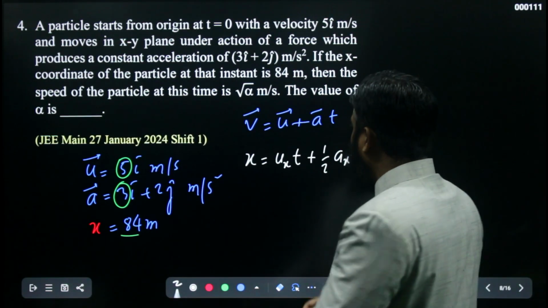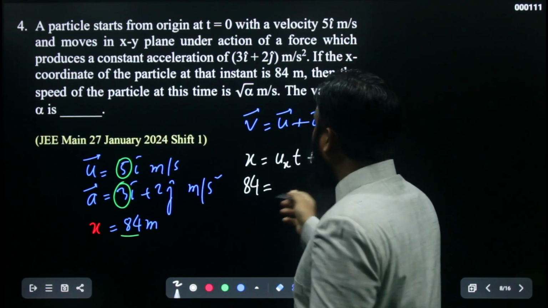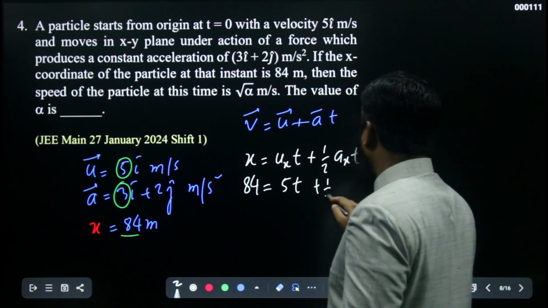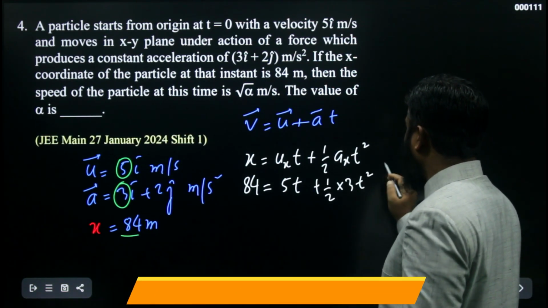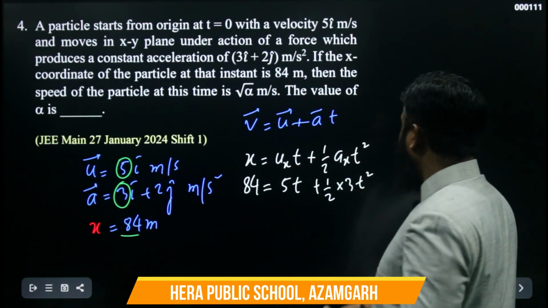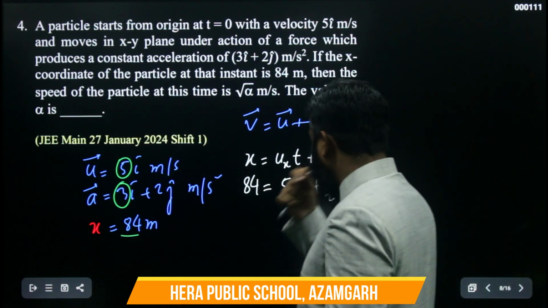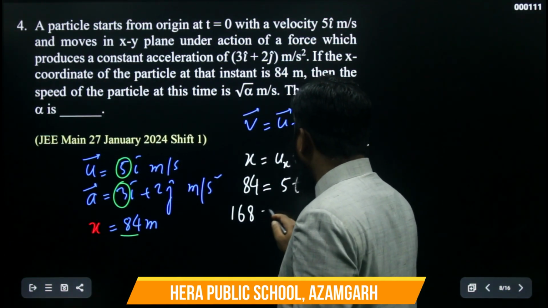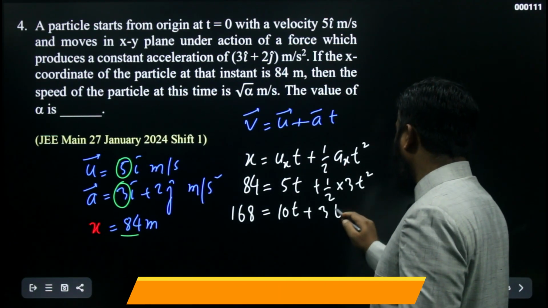Now let us put the values. X is 84 meter, ux is 5, and t plus half, a is 3, and t square. So this is a quadratic equation in t. So let's multiply the whole equation by 2. So this becomes 168 is equal to 10t plus 3t square.